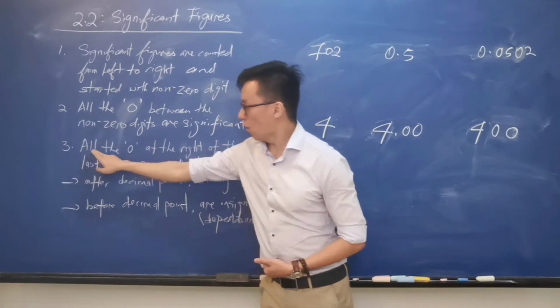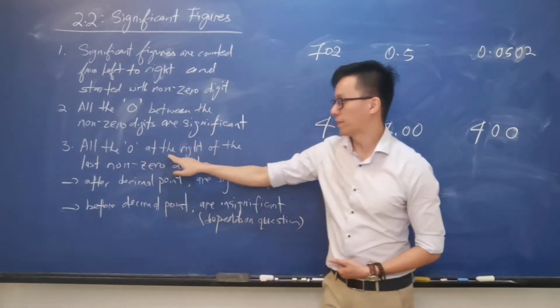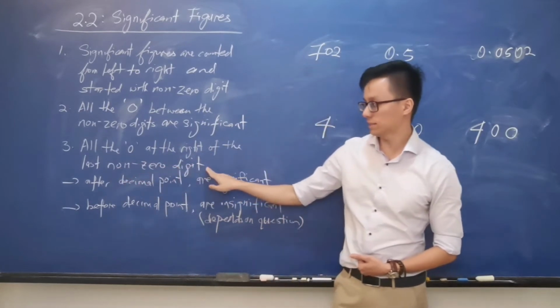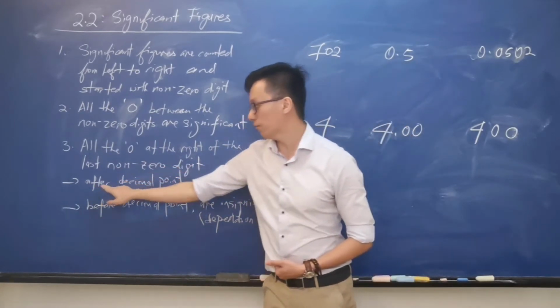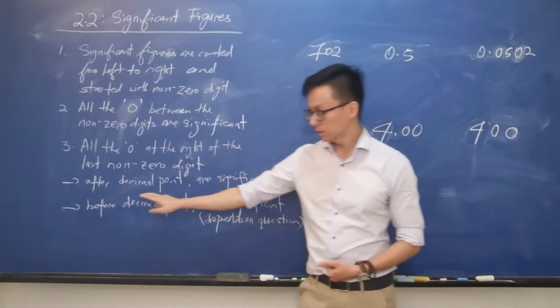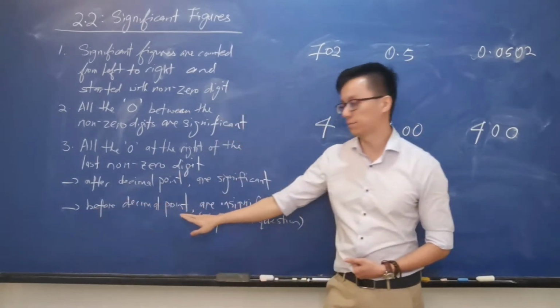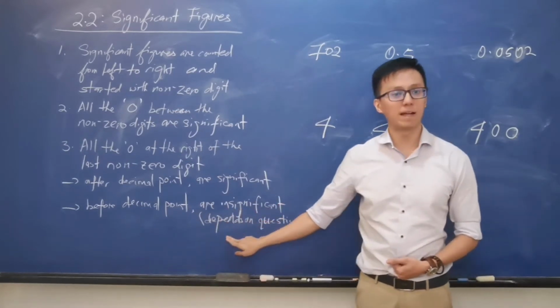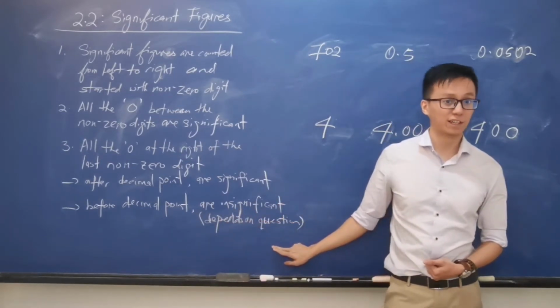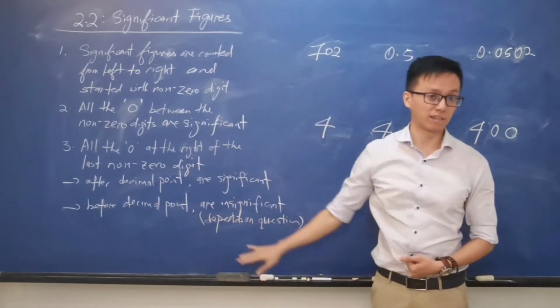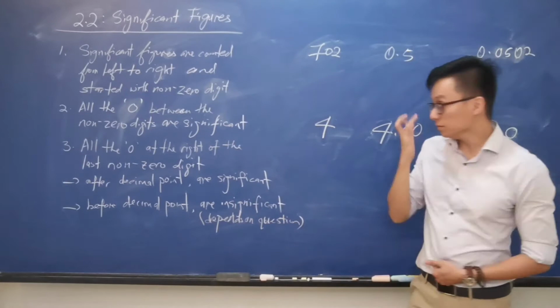Third: all the zeros at the right of the last non-zero digit, if after the decimal point, are significant. If before the decimal point, they are insignificant. It depends on the question. So I will give you examples to explain these characteristics one by one.